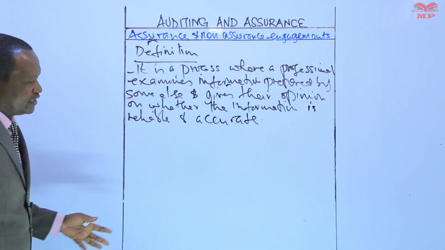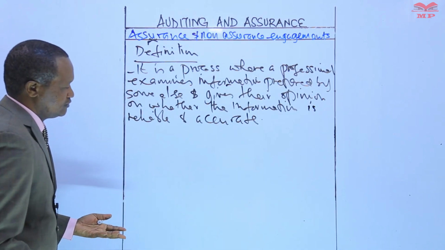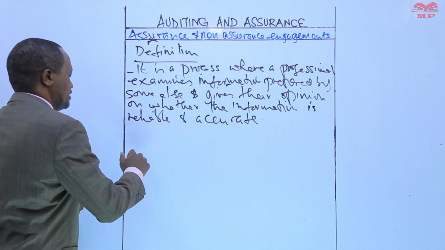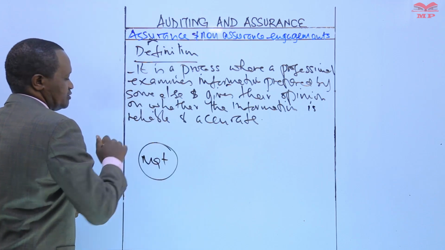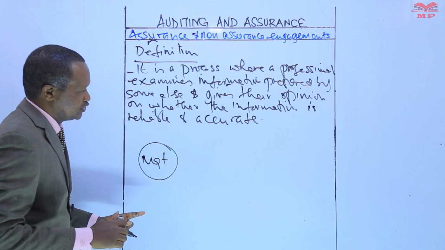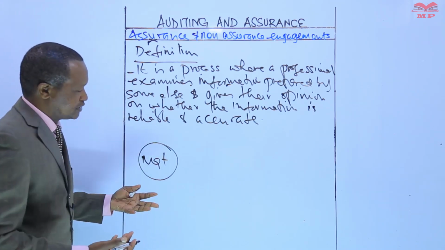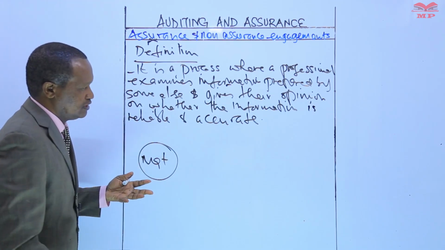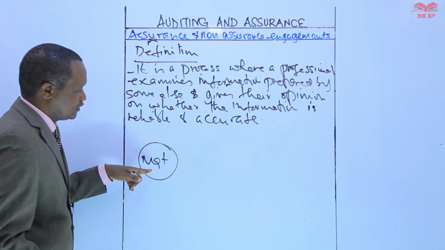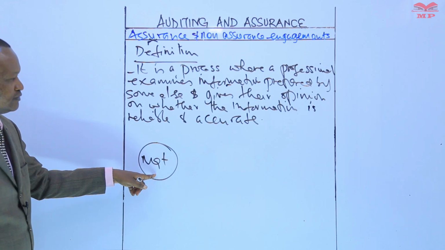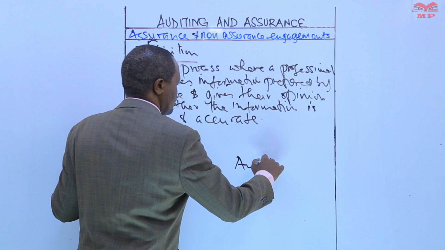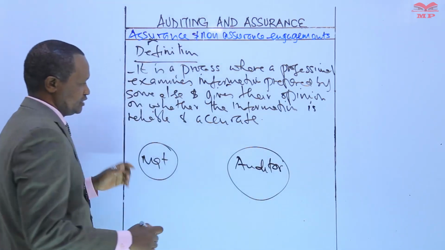For example, I've given an example of an audit of financial statements. Now, financial statements are prepared by the management. It's the management that has a duty to ensure that financial statements are prepared: the income statement, the balance sheet, the cash flows, and all that. That is the role of the management. An audit, we've said, is an example of an assurance engagement.